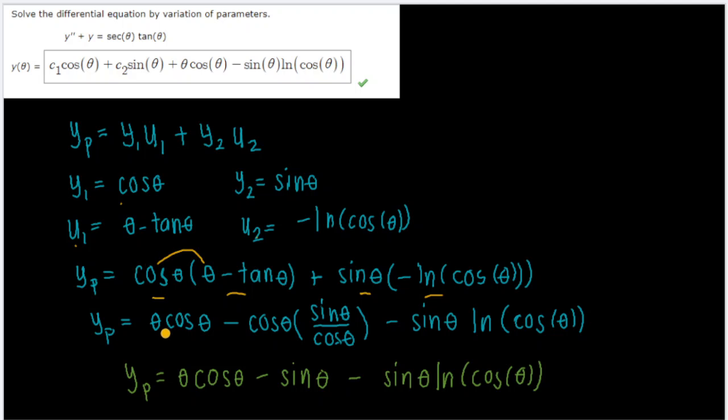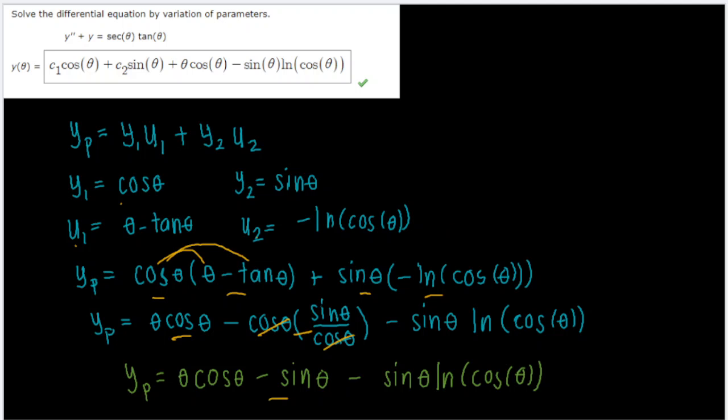Distributing, theta cosine theta minus tan theta times cosine theta is just this, because tan theta is sine theta over cosine theta, and we can cancel this. That's why we're left with negative sine theta here, and negative sine theta ln cosine of theta. This is now our particular solution.